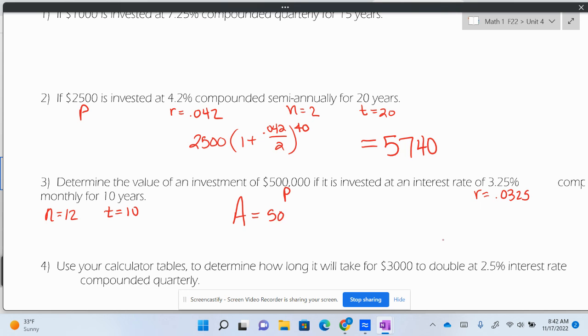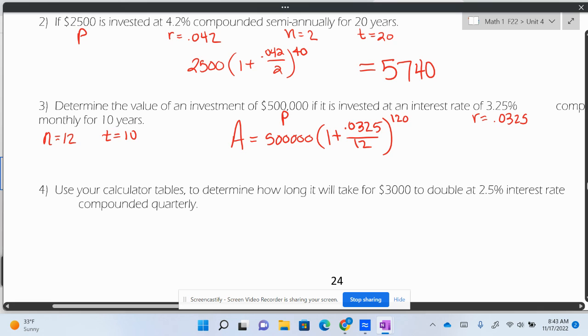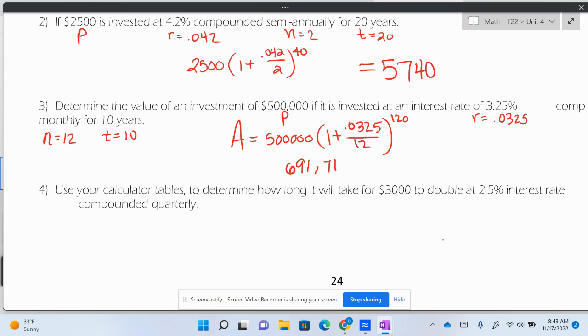So we know that capital A equals 500,000 times 1 plus my rate, 0.0325, divided by 12, raised to the power of, let's see, 12 times 10 is 120. I'm just going to tell you what the answer is. 691,711.